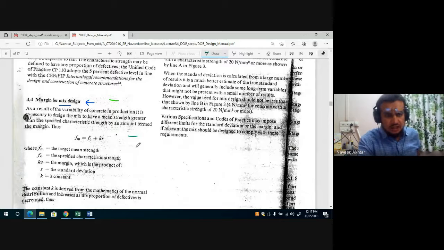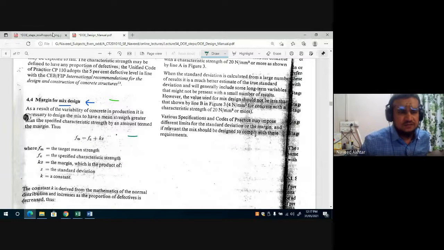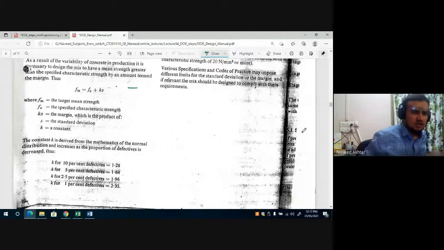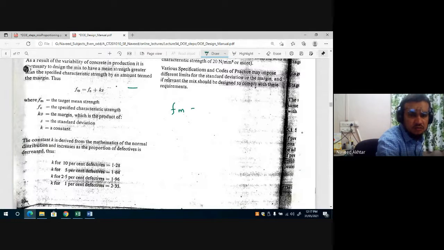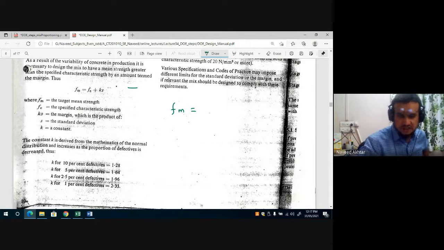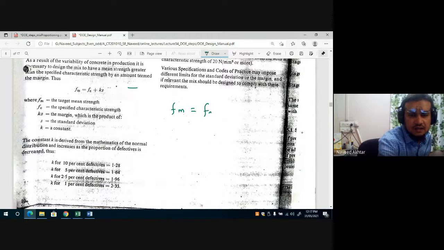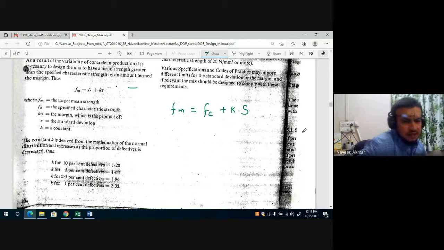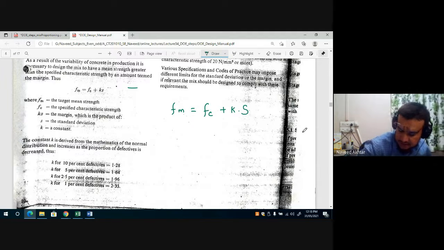In this formula, to find out the target mean strength, Fm is equal to Fc plus K into S. Here Fc is the specified characteristic strength.